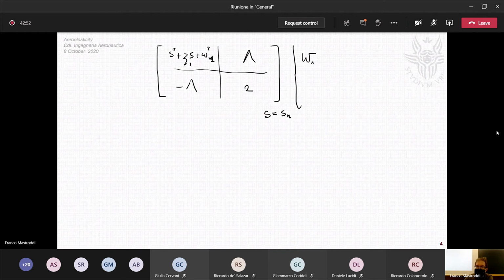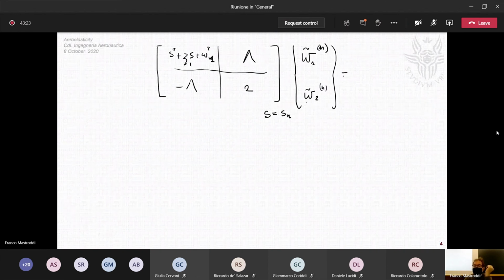First component, tilde, first eigenvector, and nth eigenvector. Second component, in the sub-index I indicate the component. In the super-index, I indicate the eigenvector. Always in my life, always. This is a Mastroddi convention. Okay? Sub-component, super eigenvector.